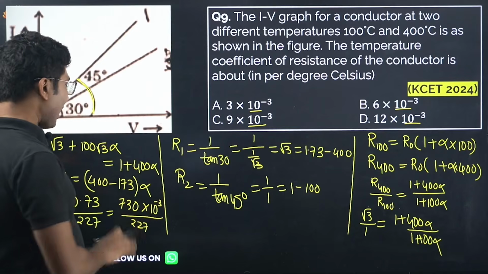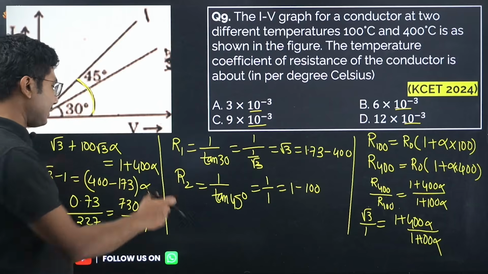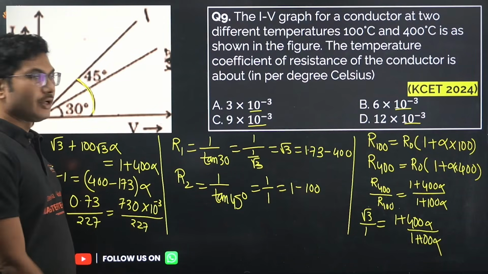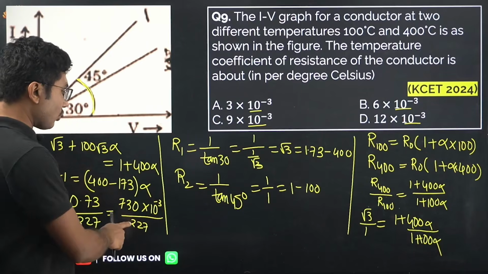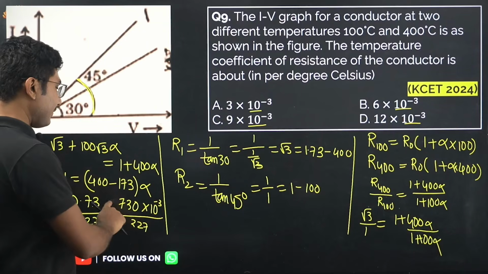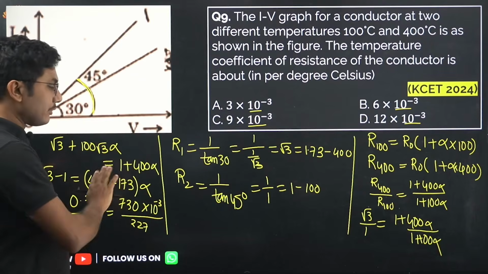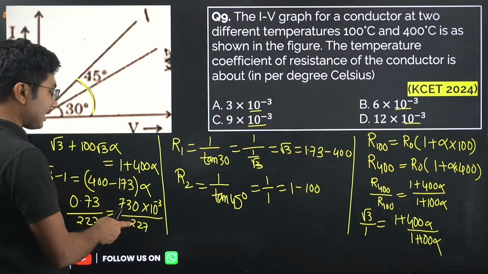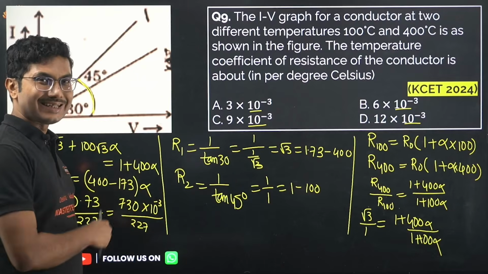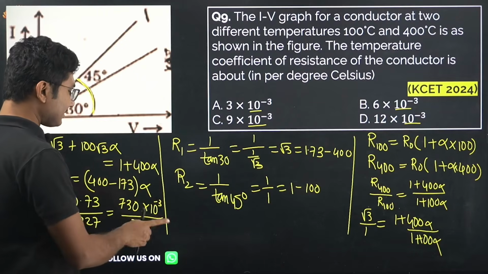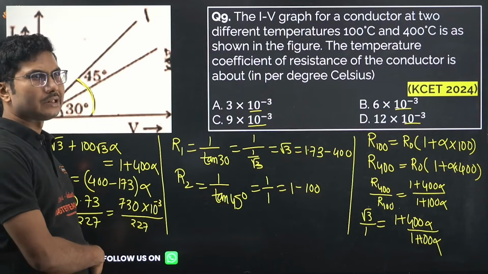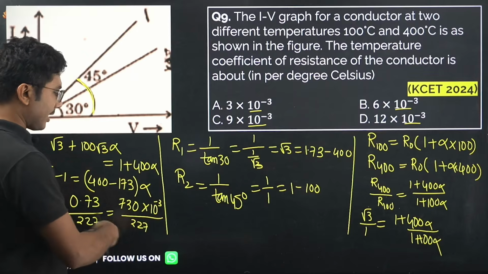Now approximately what will be the value? Is it 4? No. Is it 3? It is very close to 3. It is not even 4, because if it were 800 plus, then it would be close to 4. But for 720, if you multiply 227 by 3, it is 600 and something, approximately 691.